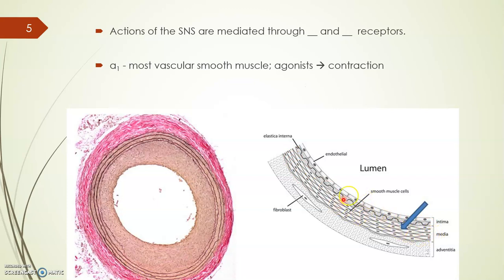So you have the smooth muscles, and this is the lumen. Okay, you have the tunica intima, media, adventitia, and then you have this muscle. So you will find alpha 1 receptors on most vascular smooth muscles, and agonist action on the alpha 1 receptor will cause contraction. So you'll have contraction, and this becomes narrow.